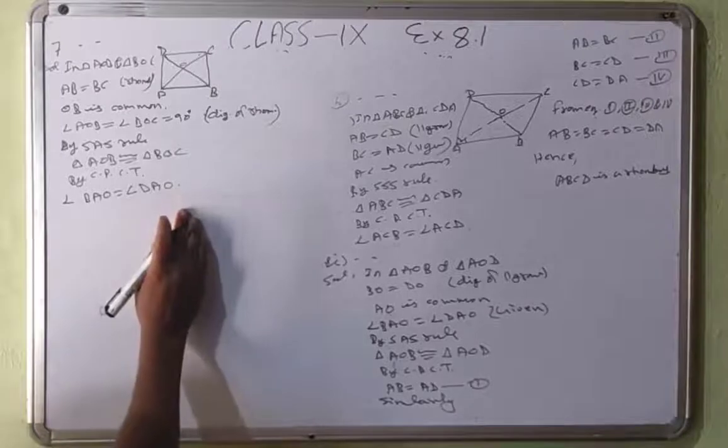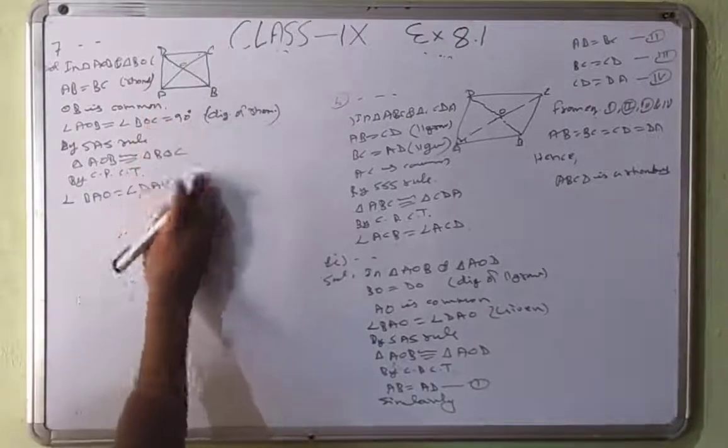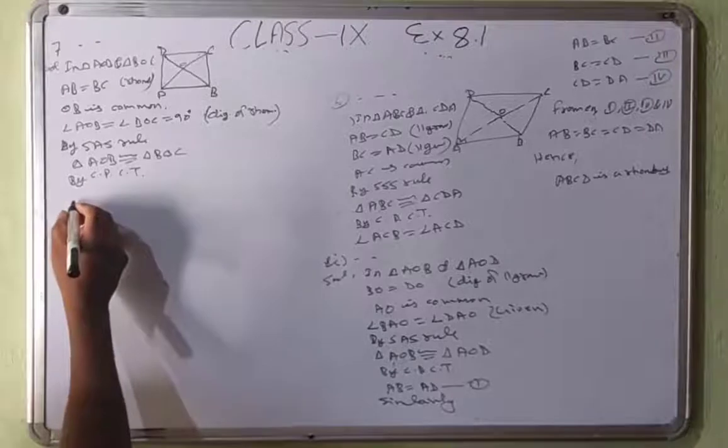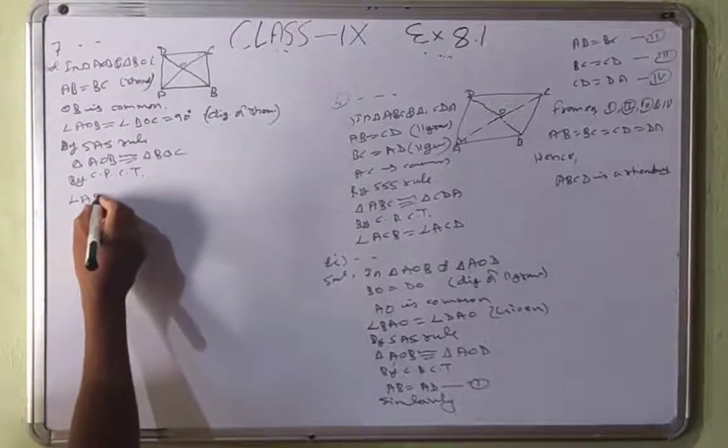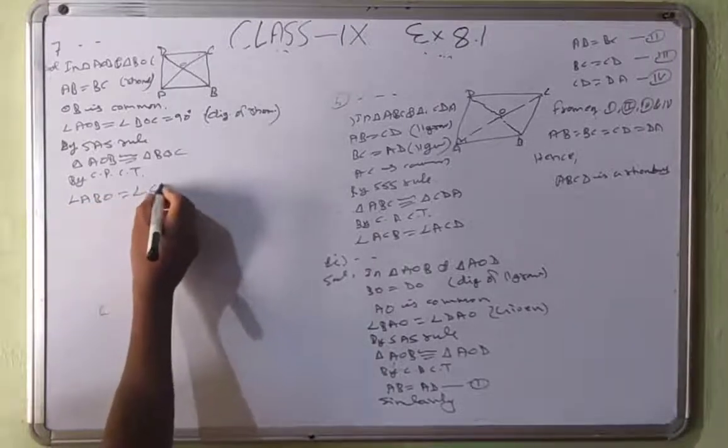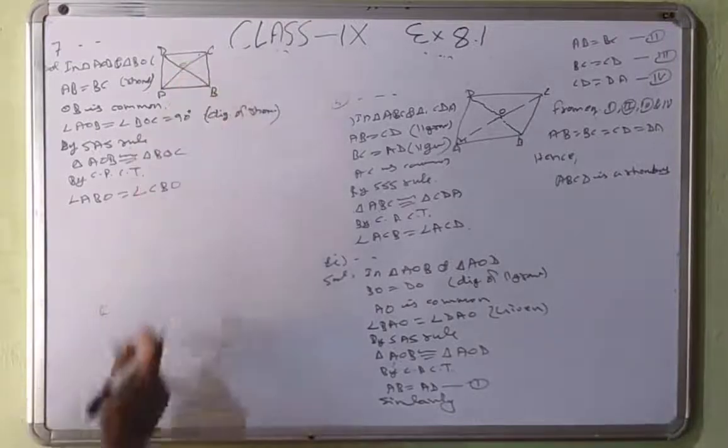By CPCT we will take that angle ABO is equal to angle CBO, because we have taken these two triangles.